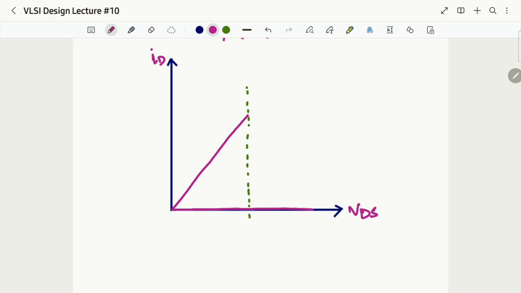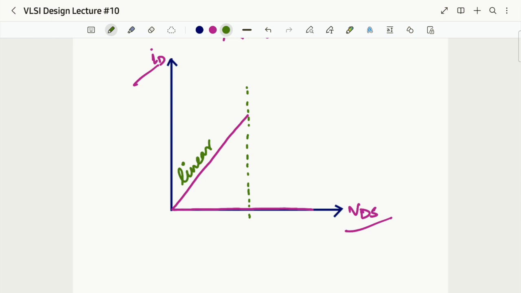This will also extend. Till this point it is a straight line, and it is dependent on the voltage, and depending on that I am getting my output, that is current. So I can very well say that this is my linear region of the graph. This is where my MOSFET is in its linear region.